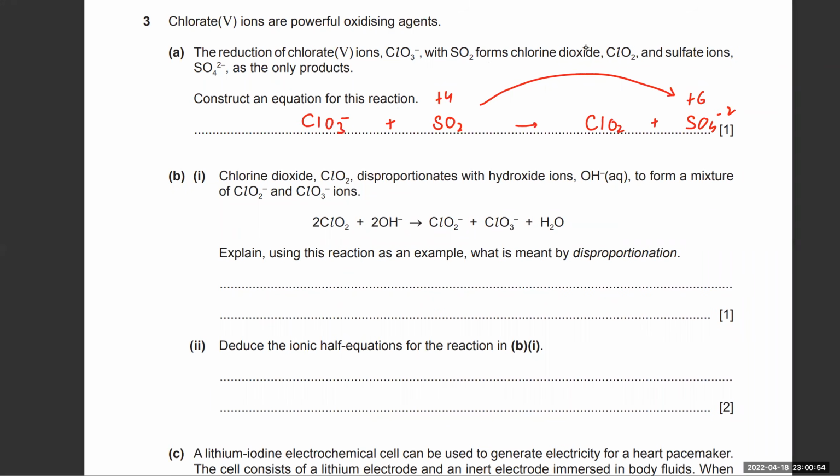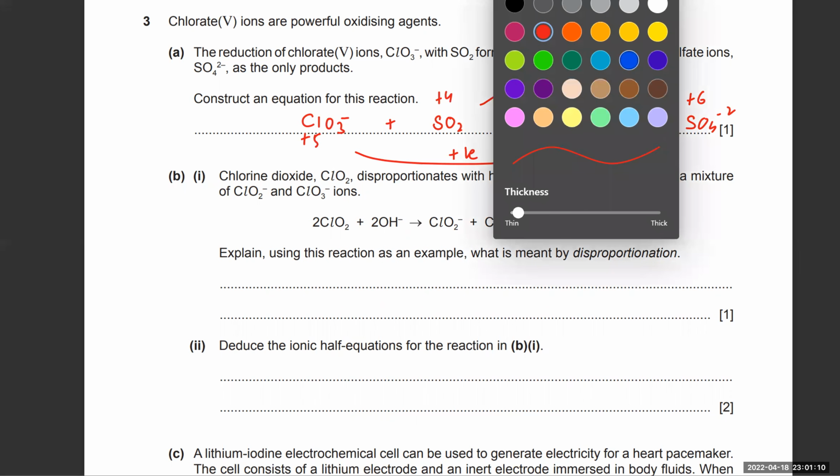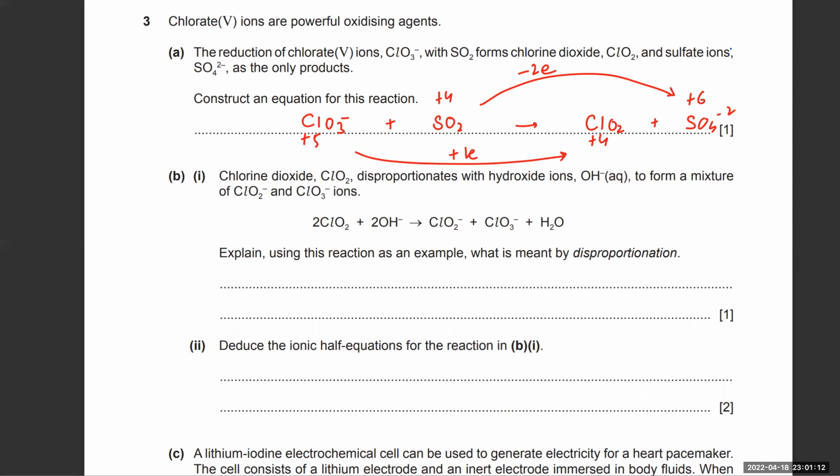So that's a loss of 2 electrons, right? Cl over here is, I guess, +5. You can just double check it. Cl over here is +4, right? So that is a gain of 1 electron, right? So who should I multiply with what number? SO2 with 1, and ClO3 with 2. So it's going to be ClO3, this is going to be multiplied by 2.